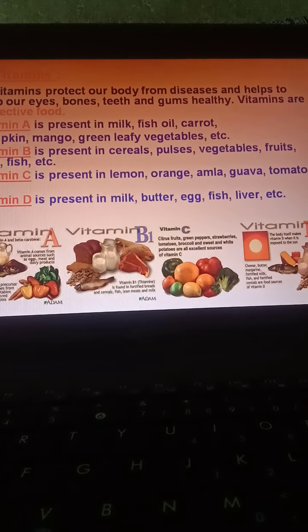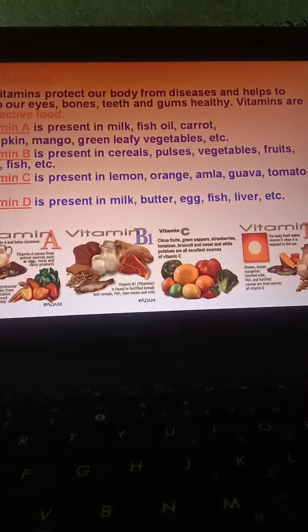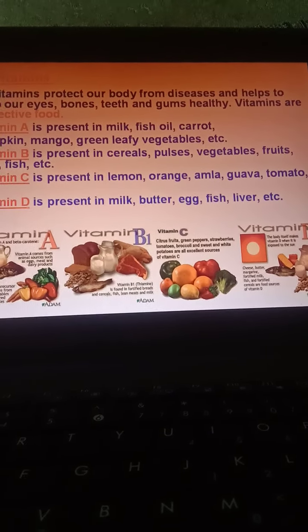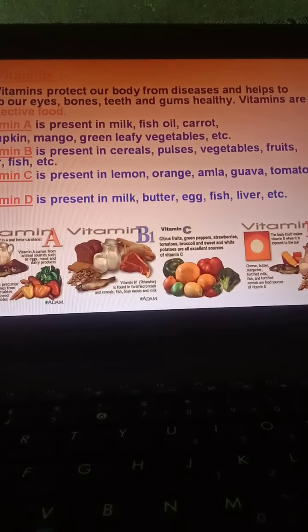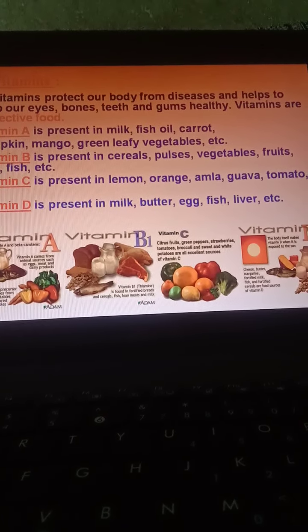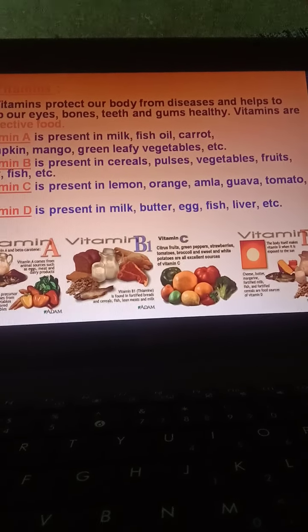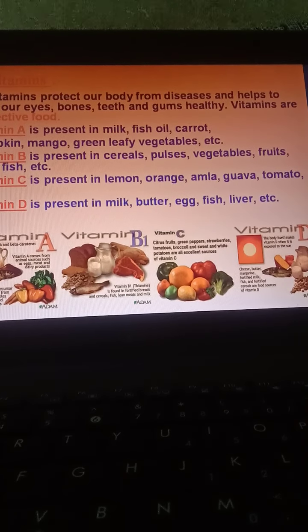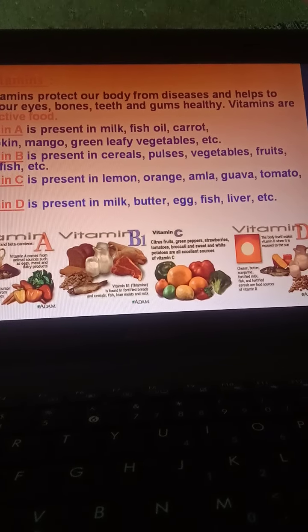Next one is vitamins. Vitamins are protective food because they protect us from many diseases. There are many types of vitamins: vitamin A, vitamin B, vitamin C, vitamin D. We get vitamin A from milk, carrot, fish oil, pumpkin, mango and green leafy vegetables.